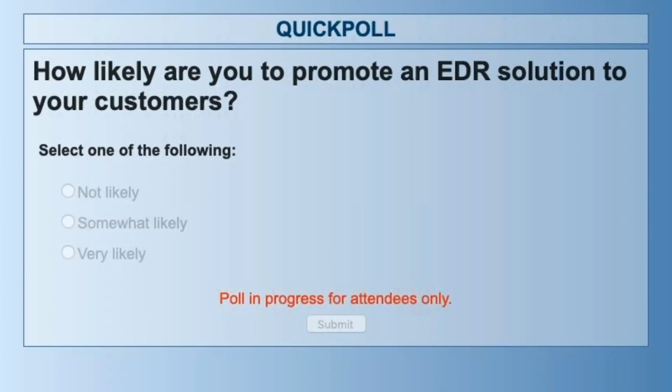But we're really interested in understanding, are you specifically looking at this kind of messaging? That's correct. We want to make sure, EDR is something that's relatively new. And so is this something that you're looking to include in your solutions that you're starting to promote to both existing clients and prospects?